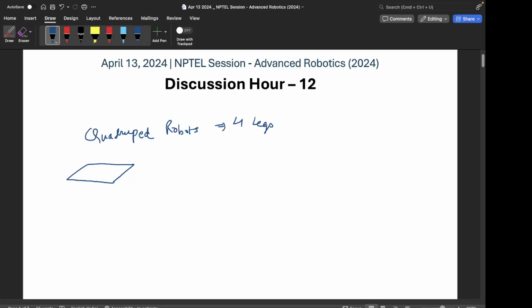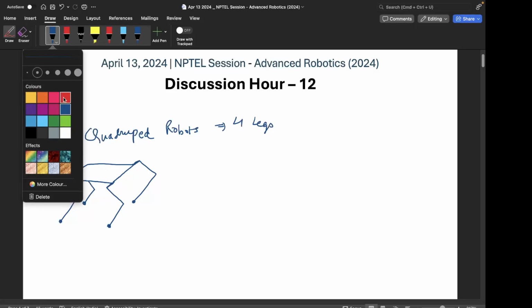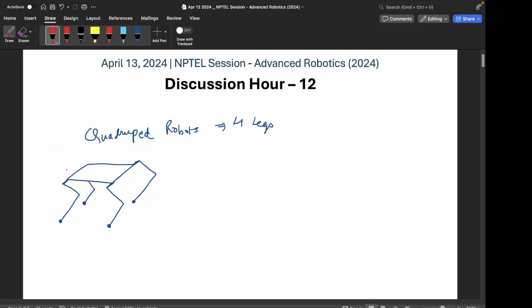Each leg will have three links. This will be the foot. Right, so let me draw the axis also. This is the front of the robot, the plus x direction.